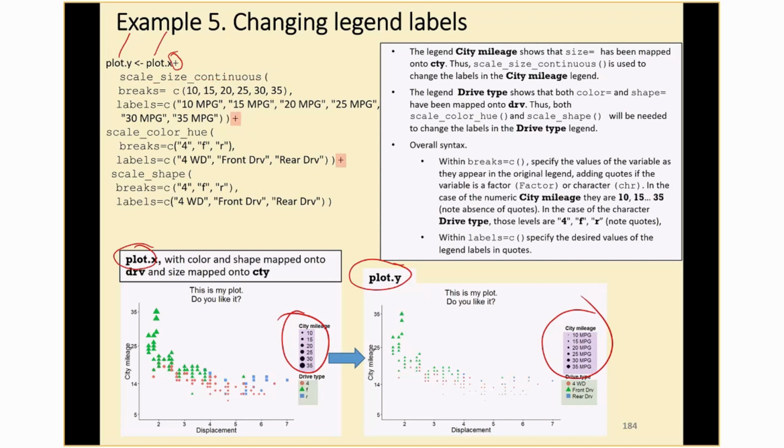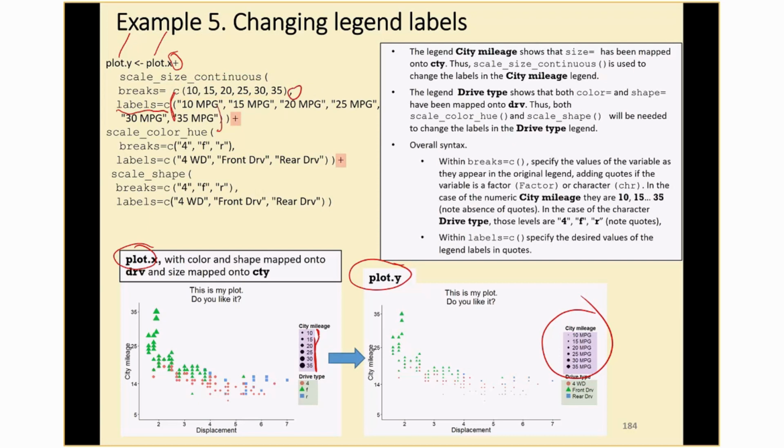And then inside of that, I'm going to specify breaks equal and a vector, labels equal and a vector. And breaks equal is simply going to replicate what's currently in place. So if I look at this legend, 10, 15, 20, 25, etc., that's what goes into breaks, what currently is in place. And then, following a comma, I have labels equals and I specify a vector.